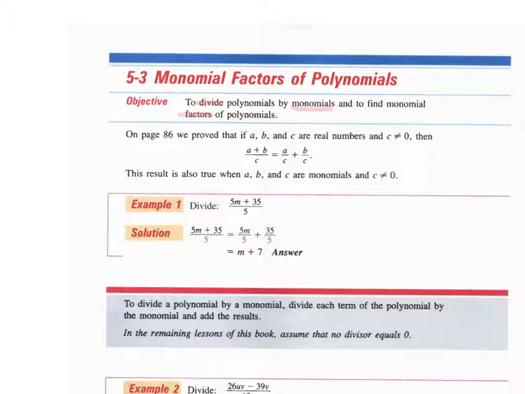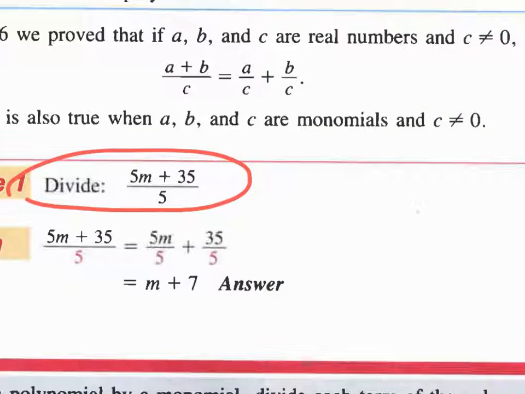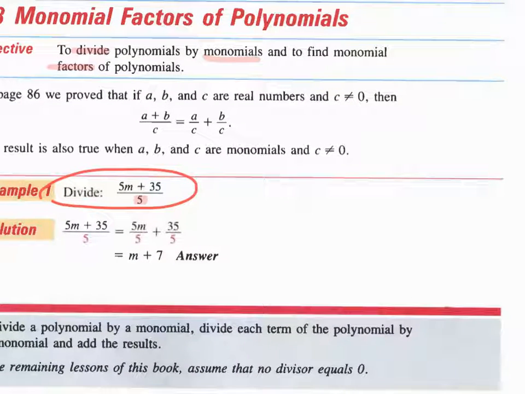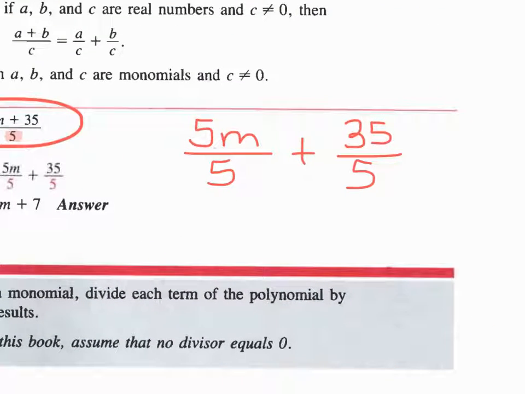So when you're asked to divide a polynomial by a monomial, and in this case the monomial is the number 5, what I'm going to do here is pull this apart, because the 5 that's in that denominator needs to divide into both of my terms. So I'm actually doing two division problems here.